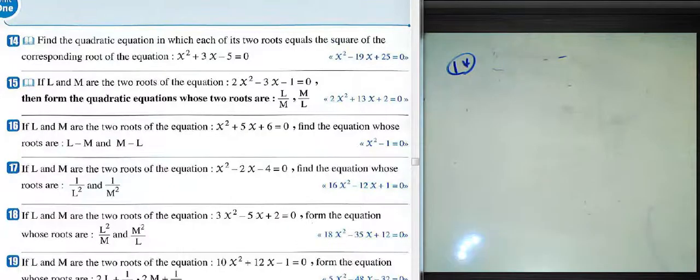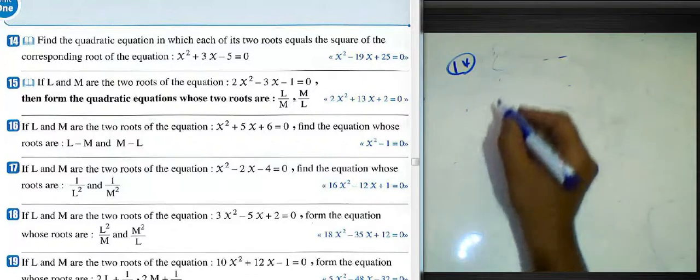Question 14: find the quadratic equation in which each of two roots equals the square of the corresponding roots of the equation x power 2 plus 3x minus 5 equals 0.